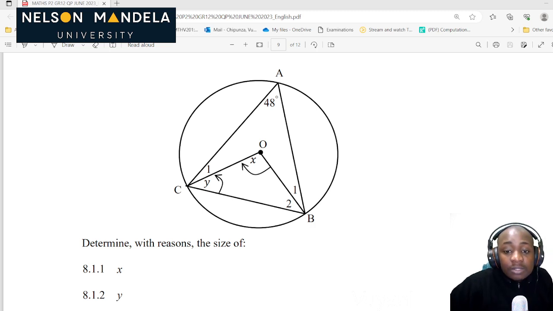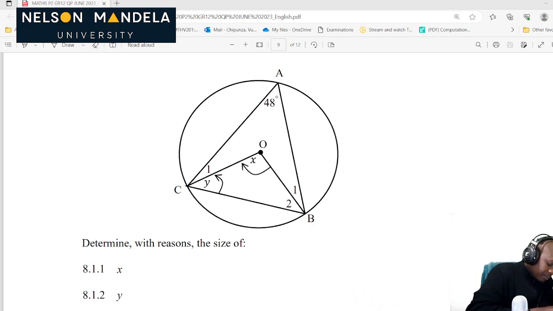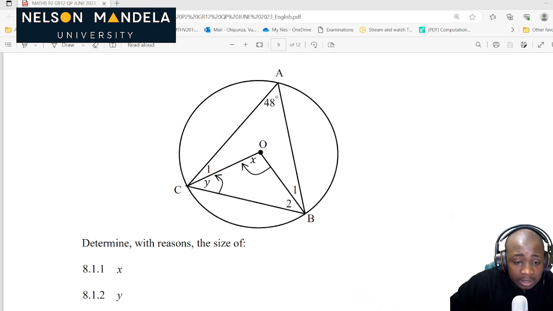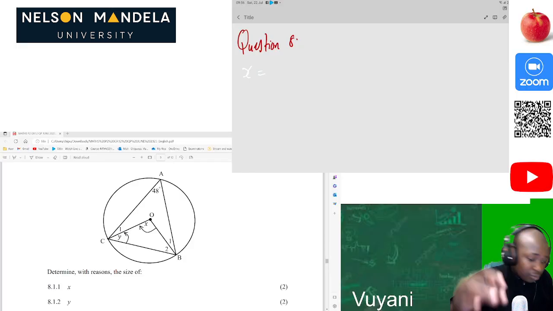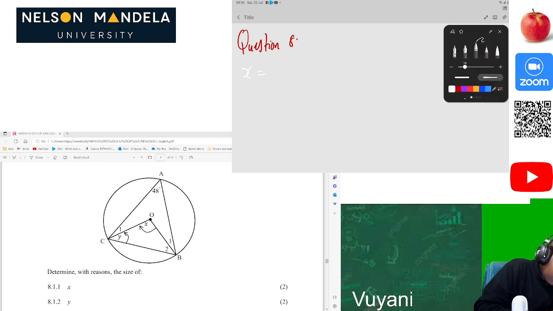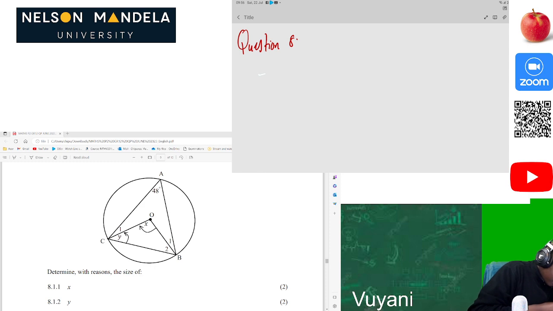Determine the value of x. Guys, this is 8.1.1.